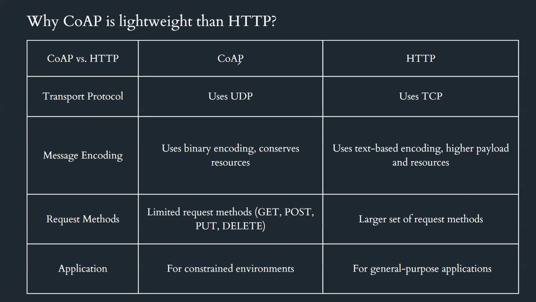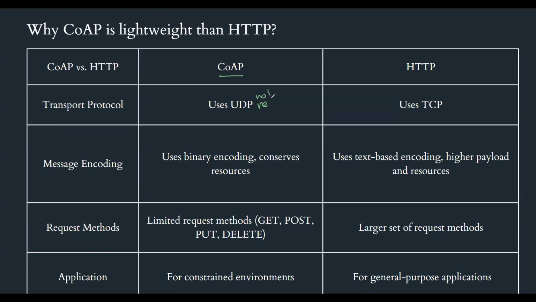That means it is not that reliable. And when we talk about the HTTP protocol, it is running over TCP, and therefore it is a connection-oriented protocol, and reliable communication links are created between the client and the server. Therefore, this is more reliable in terms of the reliability of the communication link.